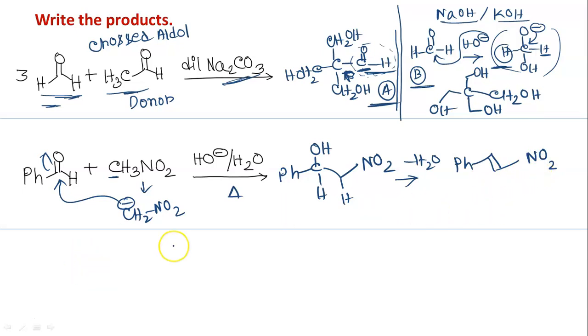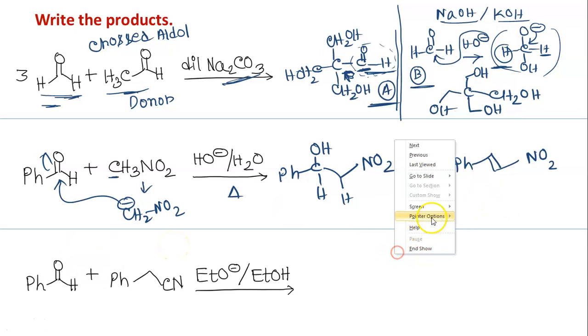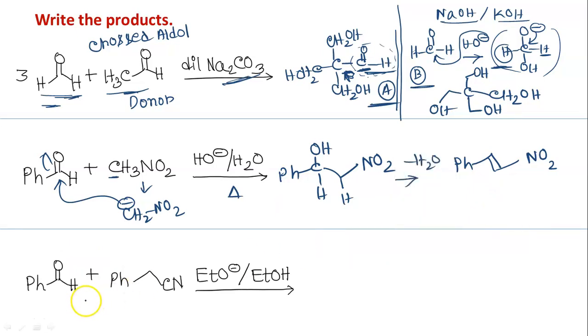Fine. And the next one, again we have taken one aldehyde molecule, and another molecule where there is an active methylene group, that is, acidic hydrogen is present. So we can generate a carbanion, just like this. Here we have generated the carbanion. So first there will be generation of PhCH2 minus CN.